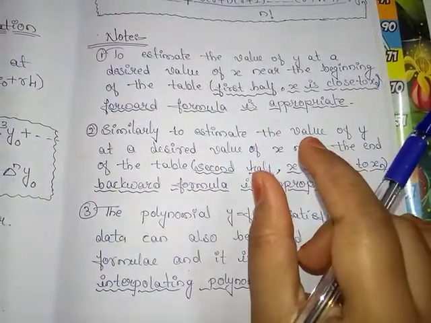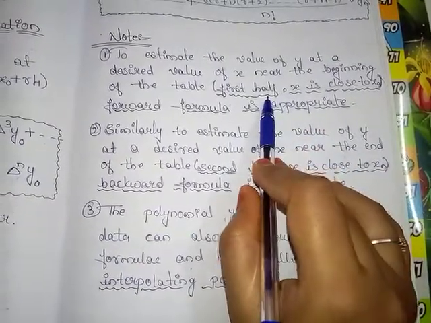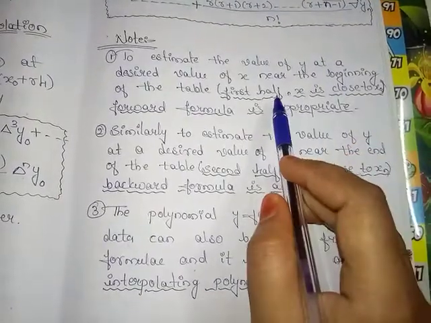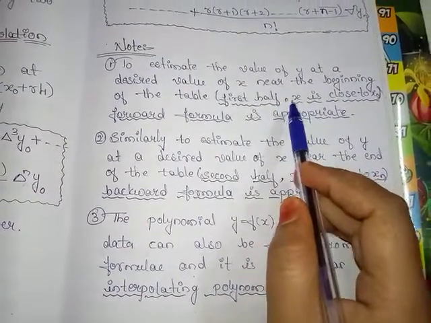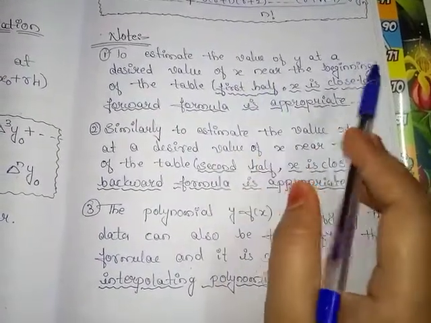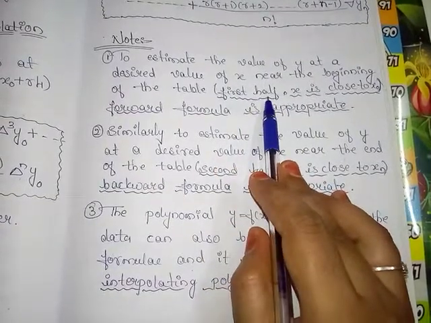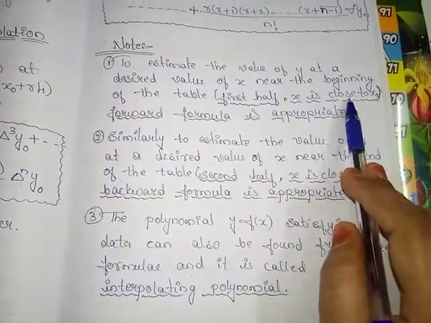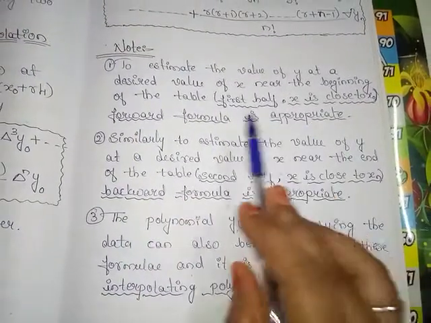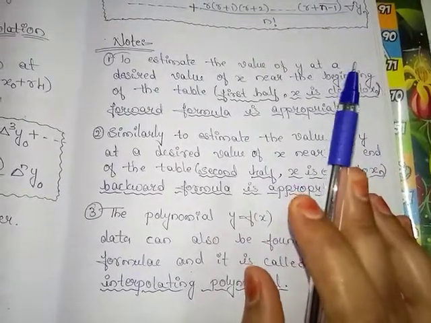We have to see whether the desired value of x is near the x naught value or the xn value, or otherwise observe whether the desired x value lies in the first half or the second half. If that value lies in the first half or that x value is close to x naught, then we have to use the forward interpolation. The forward formula is appropriate for that x value.